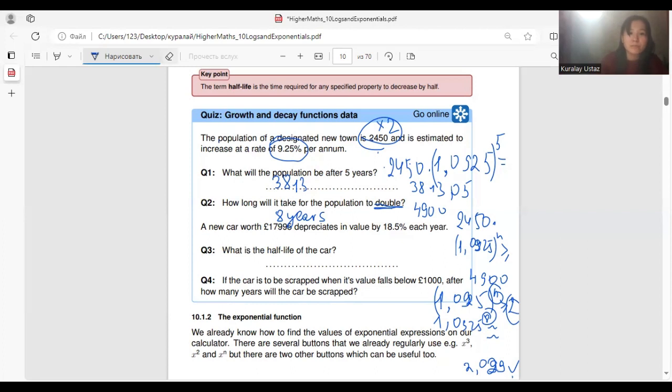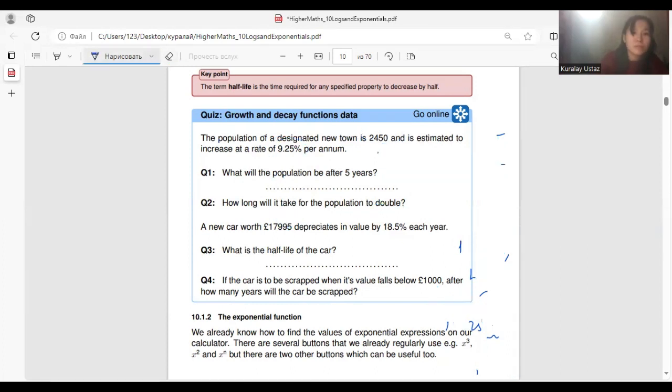Okay, next question. I need space. New cars cost something, and they get cheaper every year. They're asking what is the half-life of the car. That means we first need to find the half value of this car.